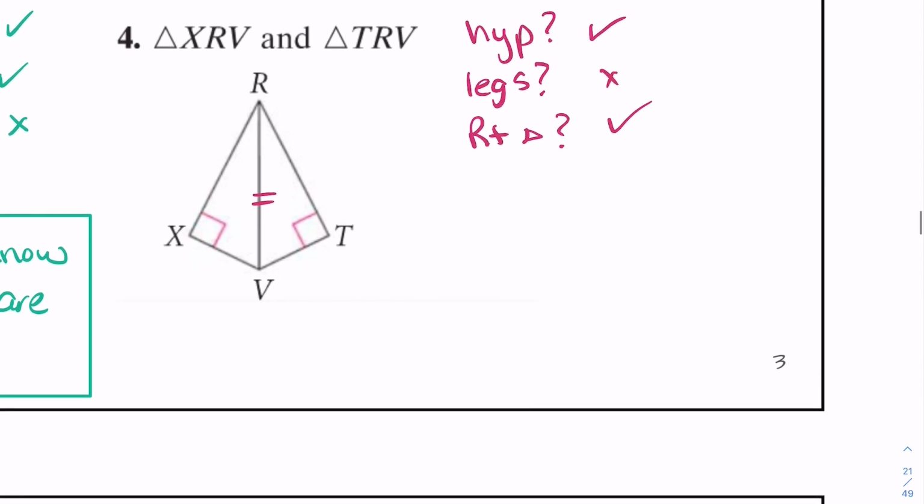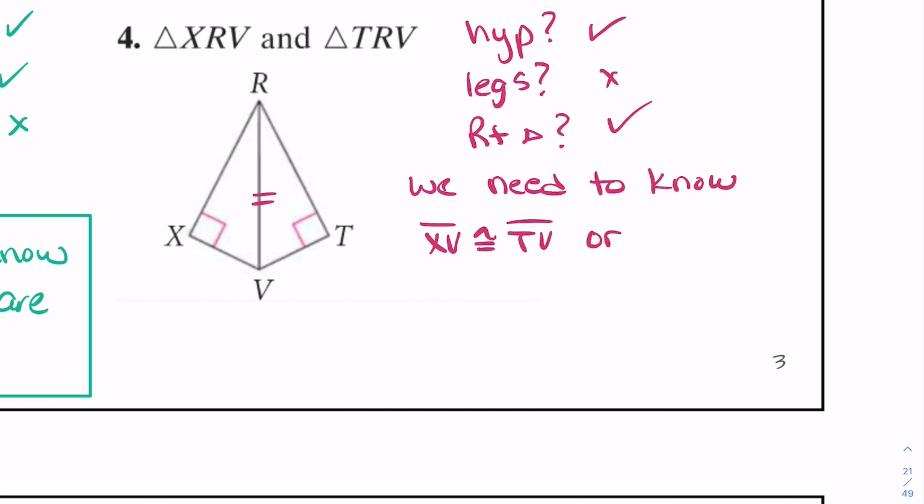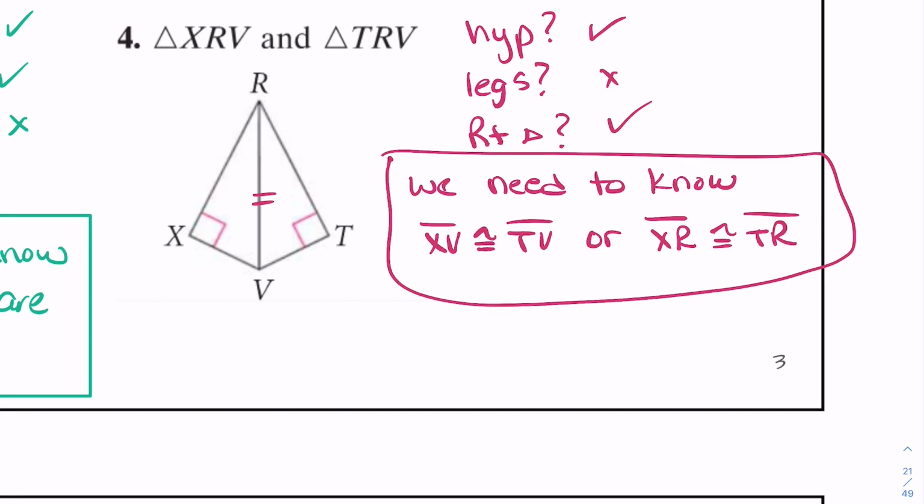So what we need to know is a pair of legs. It could be that XV is congruent to TV, or that XR is congruent to TR. I need to know this part and this part, or this part and this part. Either one works. We just need to know that they're congruent.